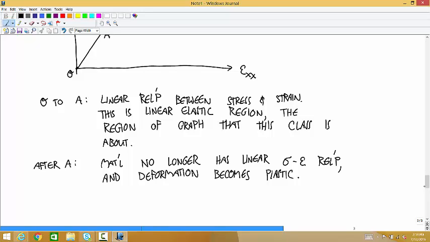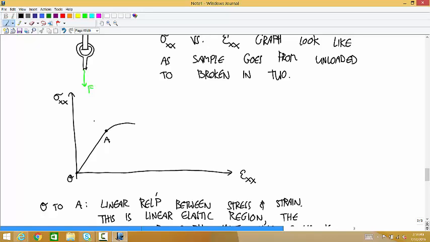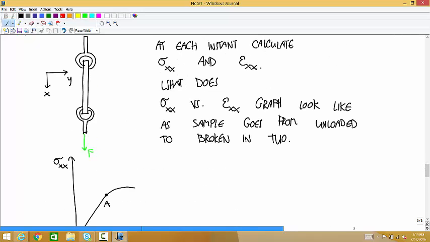Now there is something else that we have to start considering when these deformations get big. When we're dealing with these tiny deformations, strains of 10 to the minus 4 and stuff like that, as this sample stretches, remember, it gets longer and thinner. That's an exaggerated picture, but it gets longer because you're stretching it, and it gets thinner because of the Poisson's effect.